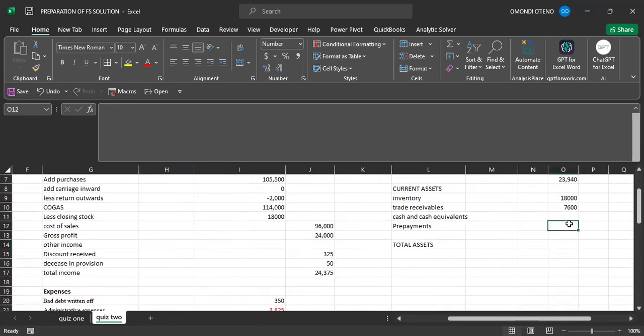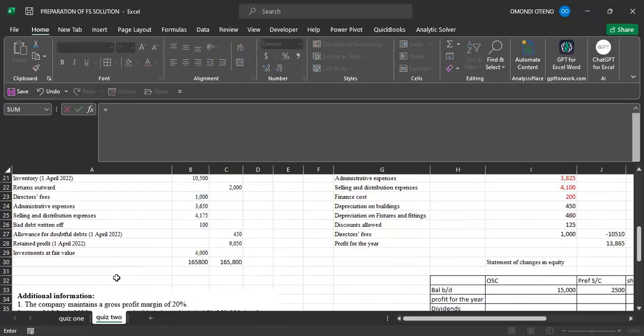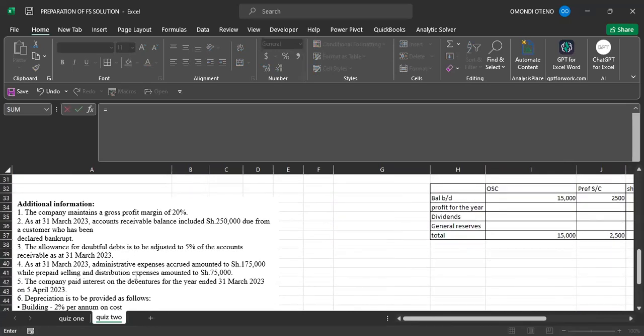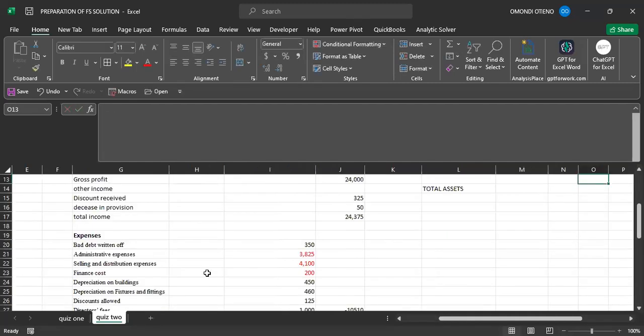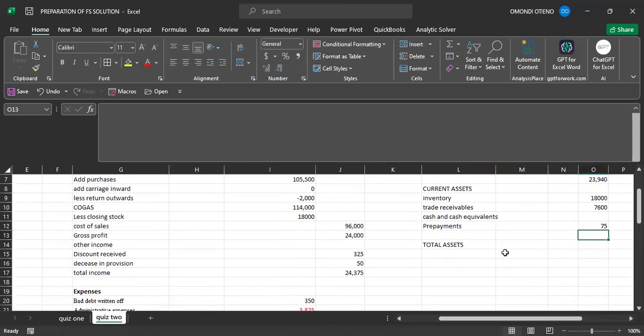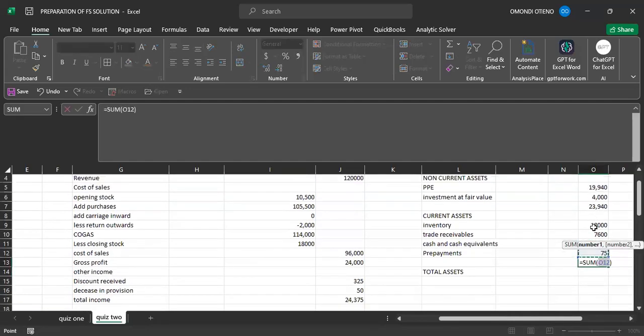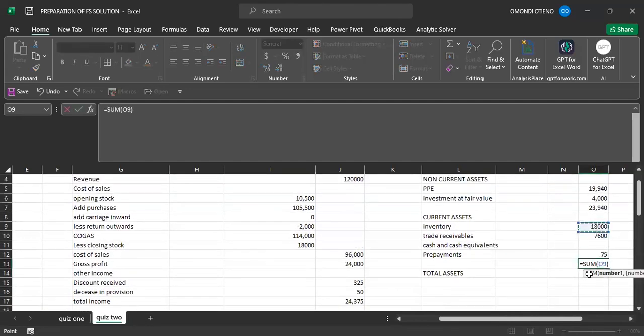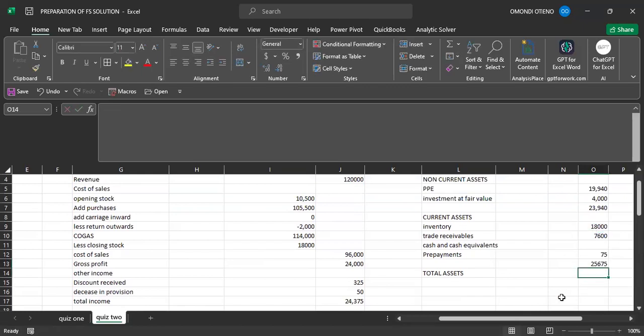Prepayments. What was prepaid? The administrative expenses were accrued. Selling and distribution were prepaid to the tune of 75,000. So that's a prepayment. So let's now get total current assets. Then move down to getting total assets.